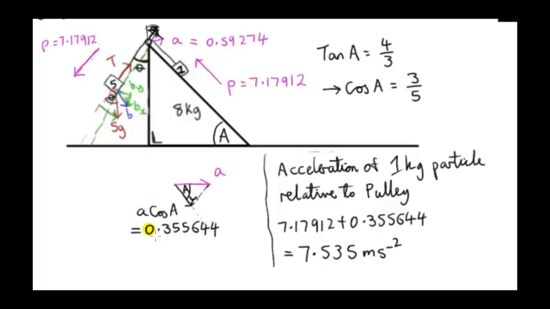We have A, so here's the component, 0.355644. So in a sense, the pulley is moving, has a component pointing towards the 1 kilogram mass. So both the pulley and the 1 kilogram mass are closing on each other. So that means that we add these accelerations. We end up with an answer that's greater than the actual acceleration of the 1 kilogram particle.